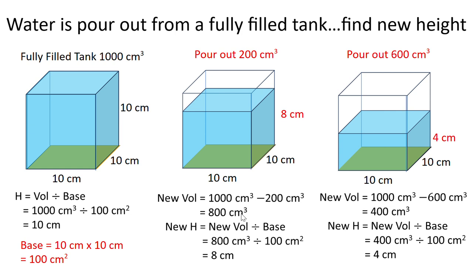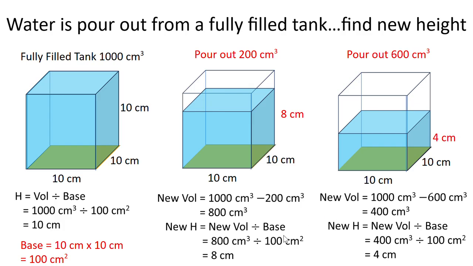So now you know the volume, and you want to find the height. Remember, we say that the volume is equal to the base times the height. But since now we know the volume and we know the base, we can find the height. So the height is simply the volume divided by the base. So the volume is 800 divided by the base of 100. I get 8 centimeter, which means the height of water here is 8 centimeter.